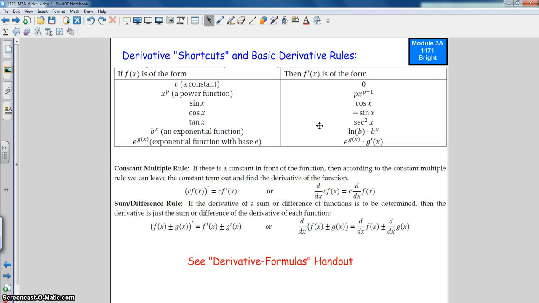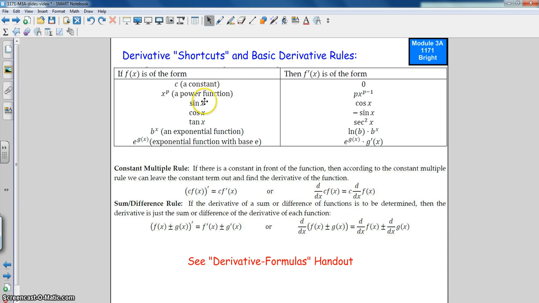Now, like I was mentioning before, we have shortcuts. So these are right out of the notes for this module, and so if f of x has this form, then over here is the corresponding derivative. So you can see in the example that we did, we had x cubed, so p was 3. Our answer was 3x squared.